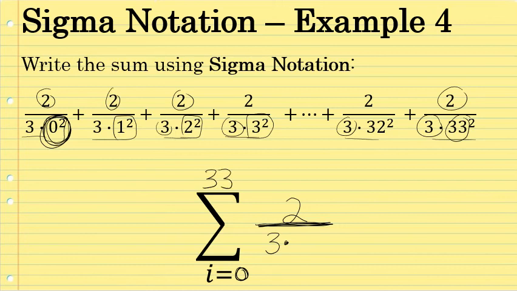In the denominator, the 3 is being multiplied by what I will call i, a factor that starts at 0 and in this sum ends with a value of 33. The sum on the screen, 2 over 3 times 0 squared plus 2 over 3 times 1 squared, going the whole way up to 2 over 3 times 33 squared, can be represented using sigma notation as the sum from i equals 0 to 33 of 2 over 3 times i to the second power.